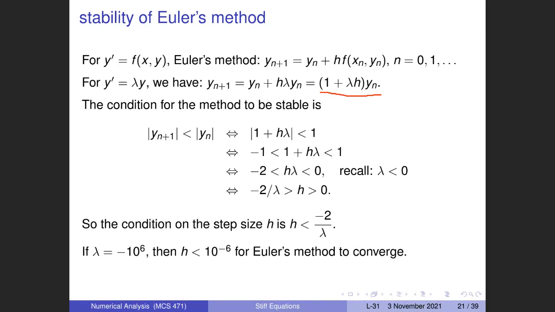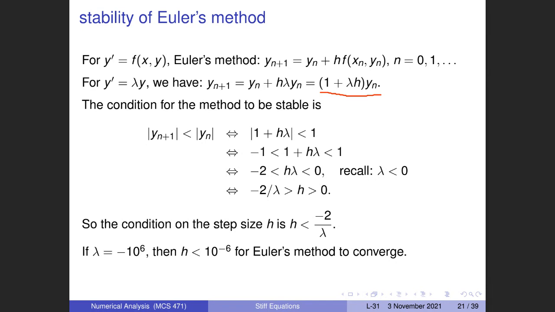1 plus lambda times h. Now notice if the lambda is negative, our solution decays, and we can derive a condition on the value of h, because what we want is also that the approximations become smaller and smaller.